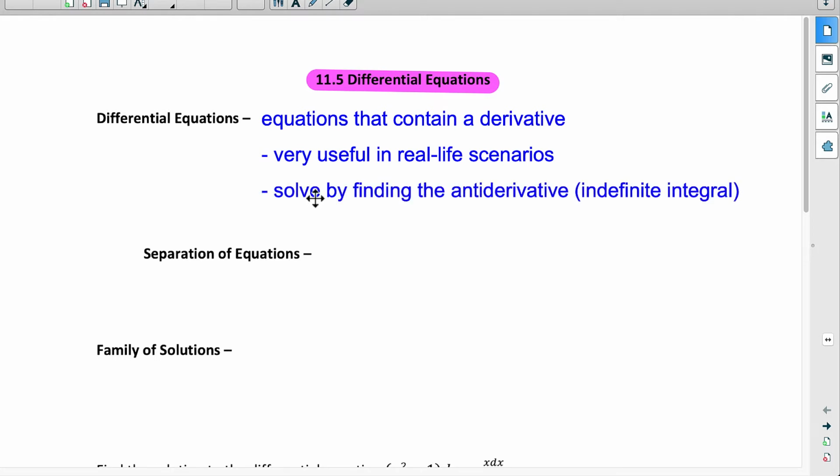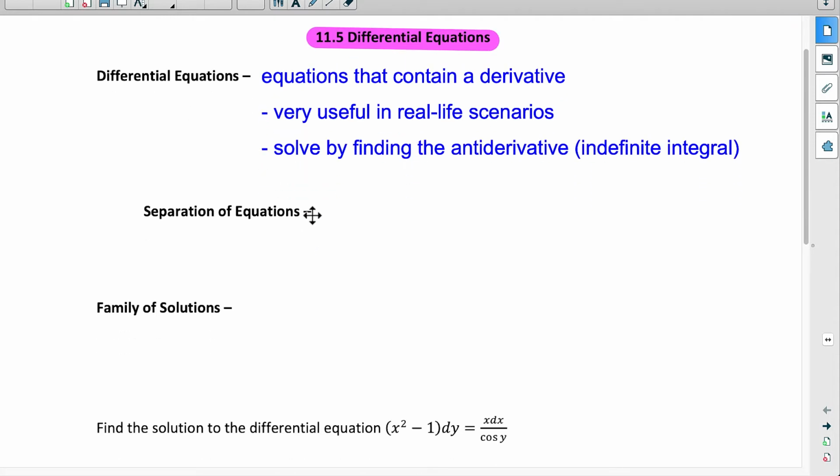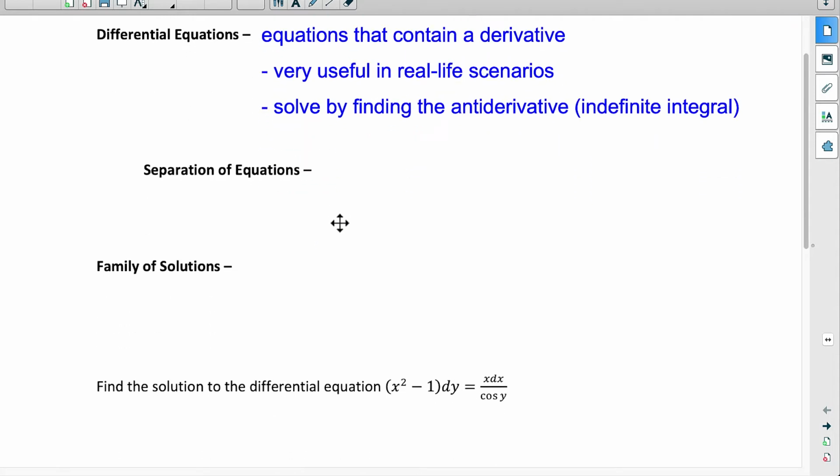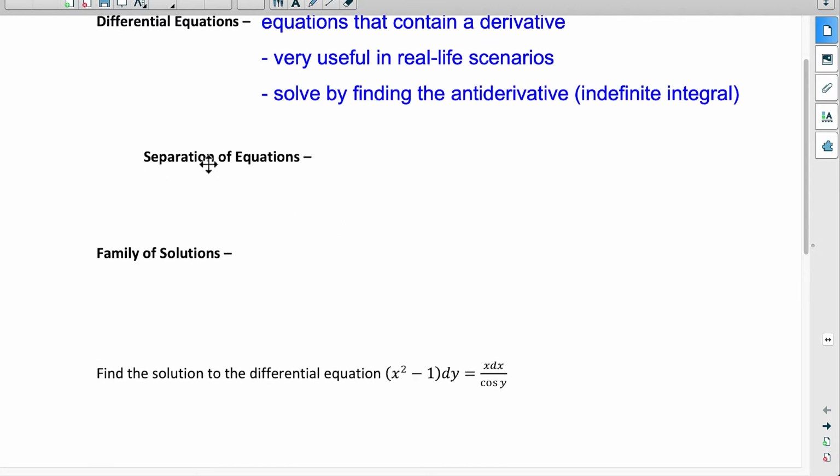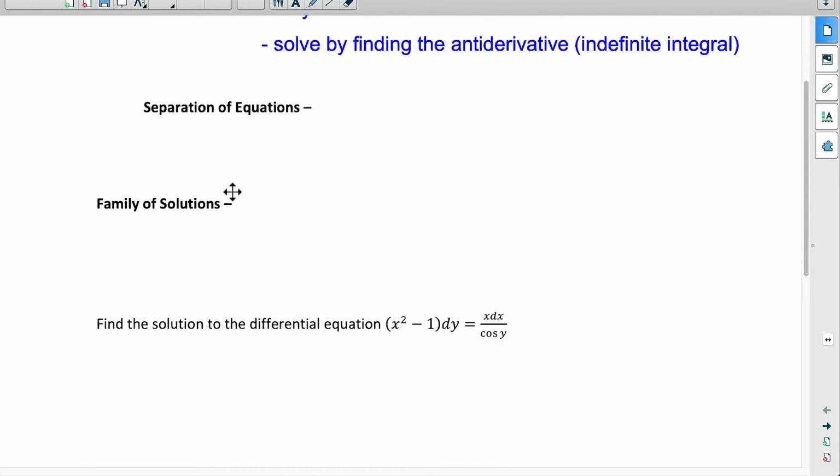And we solve them by finding the antiderivative, or the indefinite integral. So we're going to use a method which is called separation of variables. These are the most basic differential equations you can solve by using this method. That's all we're going to do this year, and that's how you'll start if you take differential equations at university.